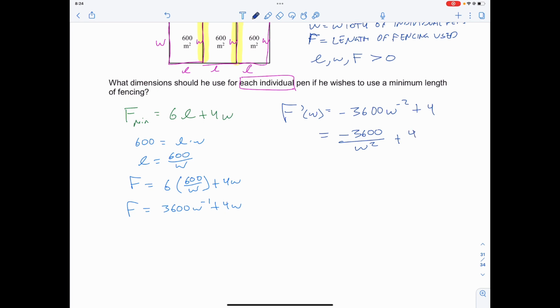I'm going to multiply the top and bottom by W squared. So F prime of W is going to equal 4W squared minus 3,600 over W squared. And in fact, I can simplify this and factor it down, and I'm going to get 4, and the difference of squares, W squared minus 900, or W plus 30, W minus 30 over W squared.